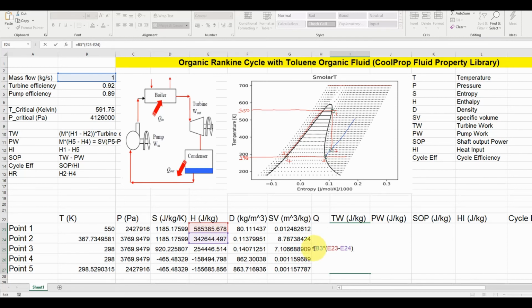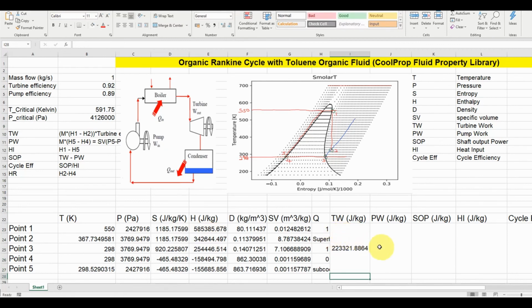If you don't have any turbine efficiency, if it's an ideal process, you can ignore the turbine efficiency. But in this case, we have specified the turbine efficiency to be 0.92. So I will just use that here times, this is B2. And that's our turbine work.